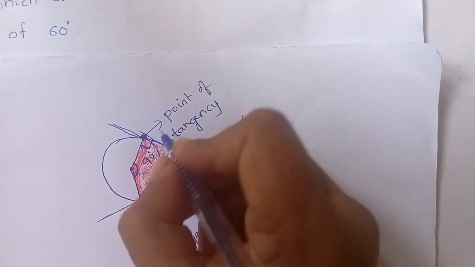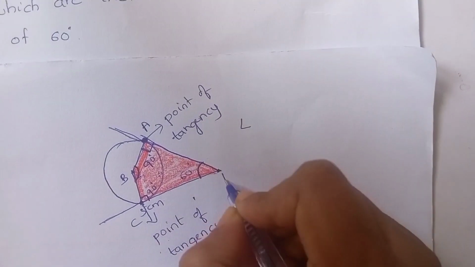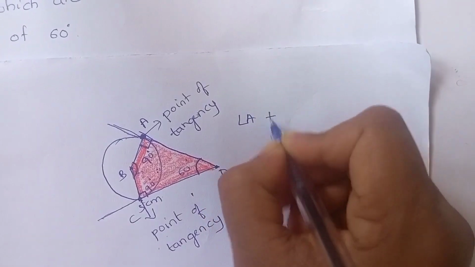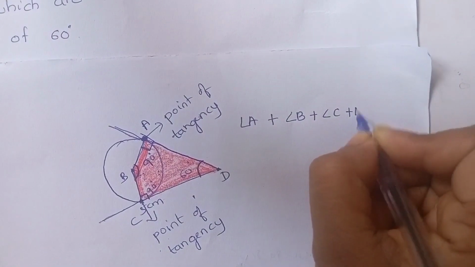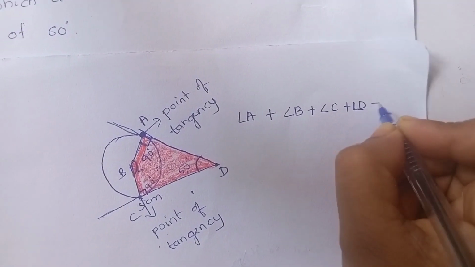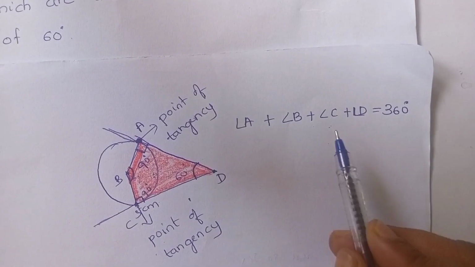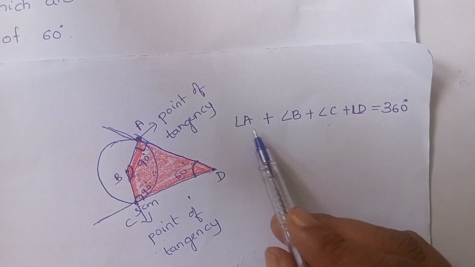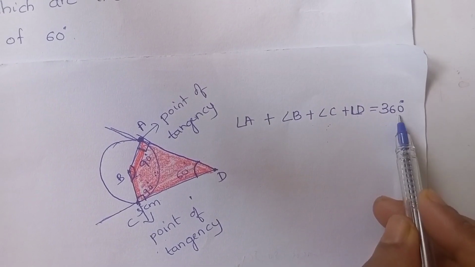Let me give the names A, B, C, D. Angle A plus angle B plus angle C plus angle D is equal to 360 degree. It is according to the property of a quadrilateral. The sum of all the interior angles of a quadrilateral is 360 degree.